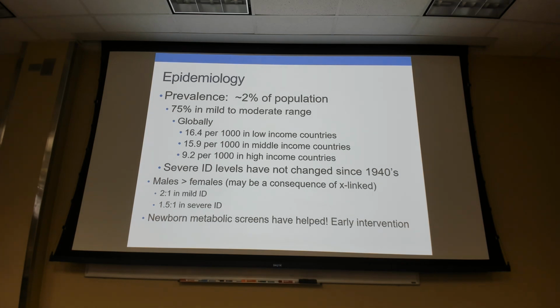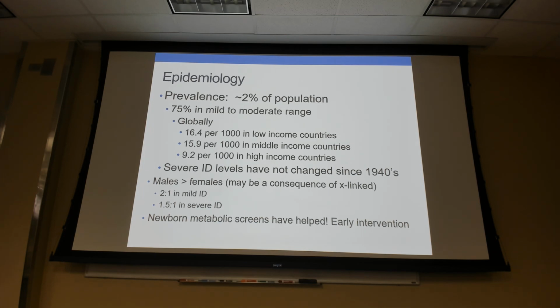And remember, I'm not going to test you on any of these epidemiologic numbers, but just to give you an idea, roughly 2% of your population is going to see this. You're still going to see mild, moderate, and severe. And really, those numbers have not changed for the severe category in about 100 years, because most of the severe intellectual disability diagnoses have something to do with genetic and chromosomal factors, and those numbers have stayed roughly the same.